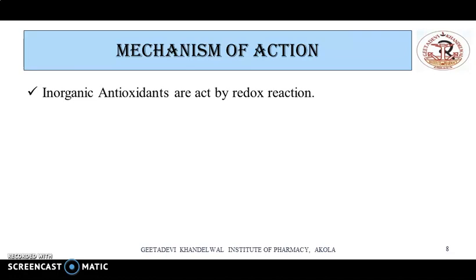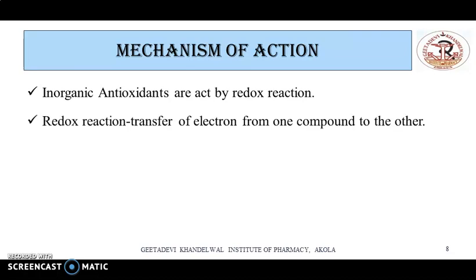Now, inorganic antioxidants act by redox reaction. Redox reaction means loss of oxygen and gain of oxygen, loss of electron or gain of electron, both reactions taking place simultaneously. This is the redox reaction.